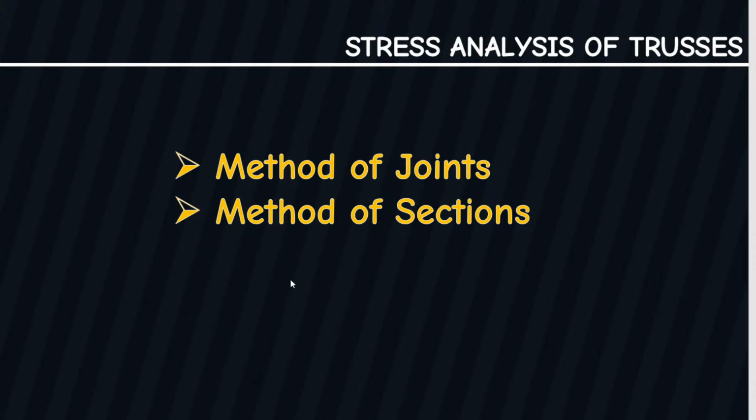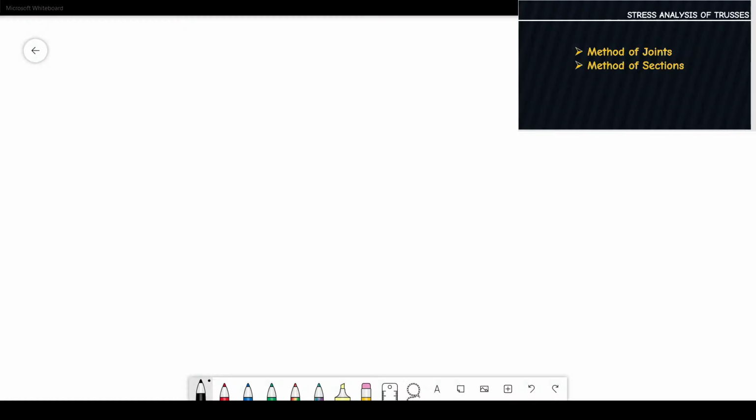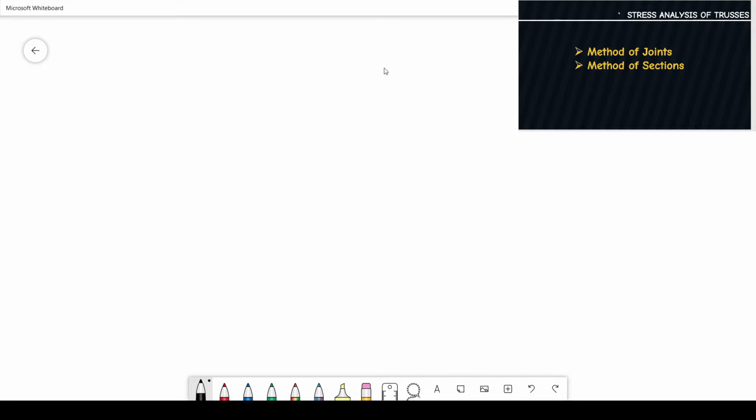When the members are concurrent, it means they lie on one point. They intersect at one point. So that is concurrent.